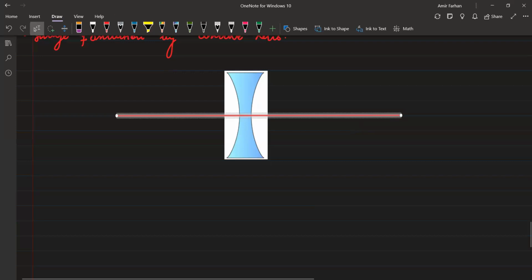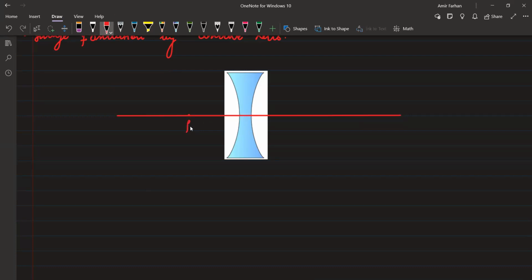As you can see, similar to the convex lens, the concave lens also has two focuses, f1 and f2, 2f1 and 2f2, and this is called the optical center.